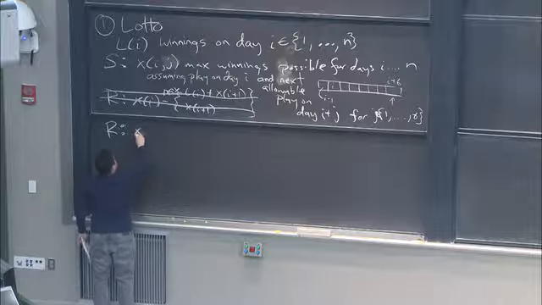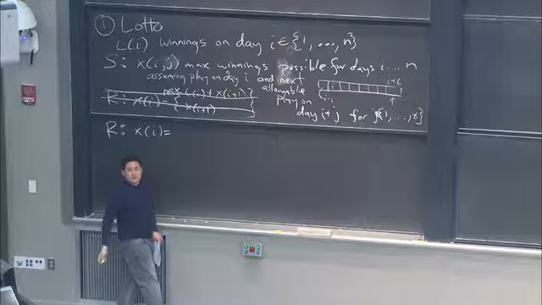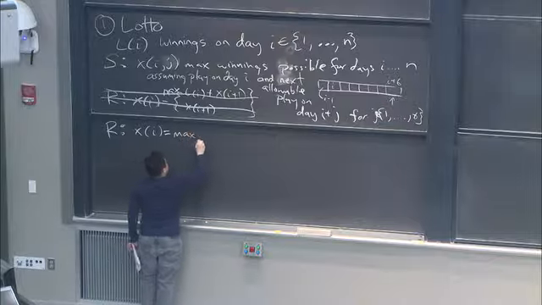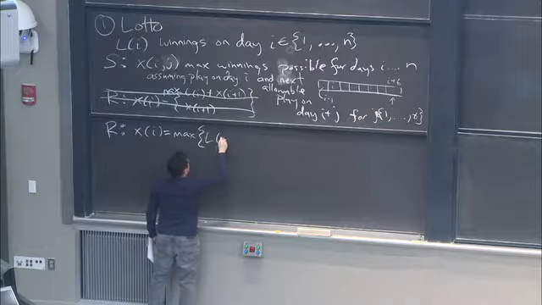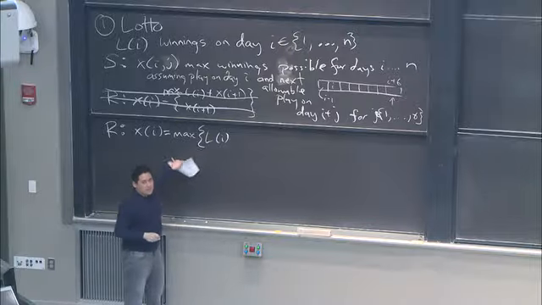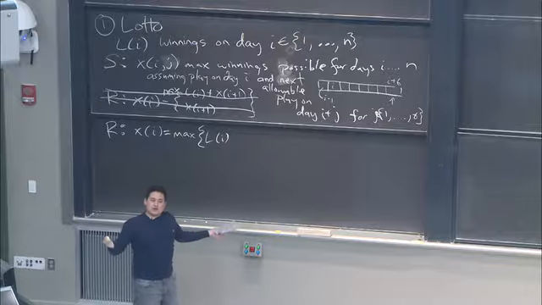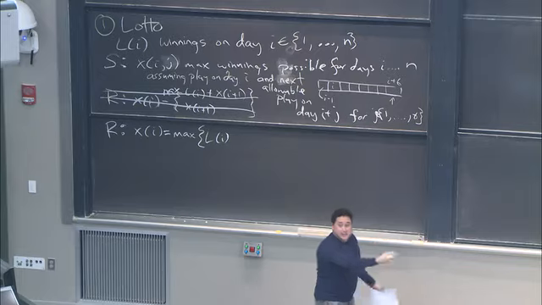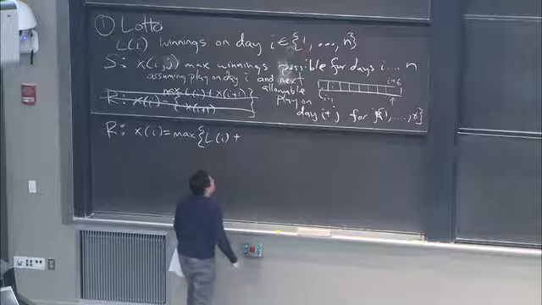So x of i is, I'm going to maximize over some choice, right? Max of, I guess I have L_i no matter what. So this could actually come out of my max. And then I'm going to choose, what am I choosing here? I'm not choosing whether I'm playing on day i. I'm choosing what my next day I play is so that then I can recurse on that subproblem. So what day can I play on?